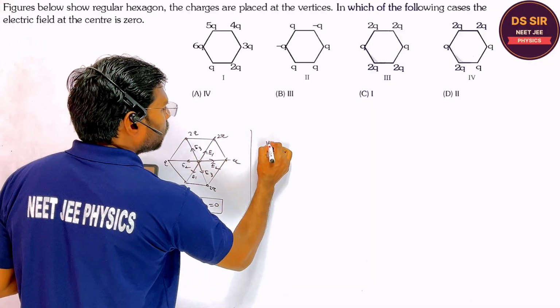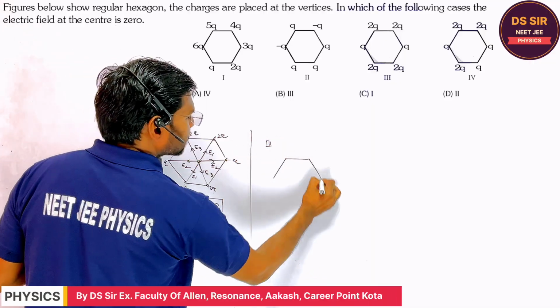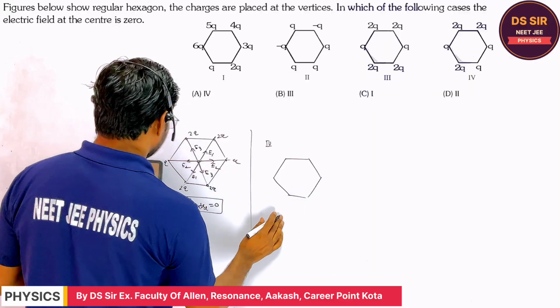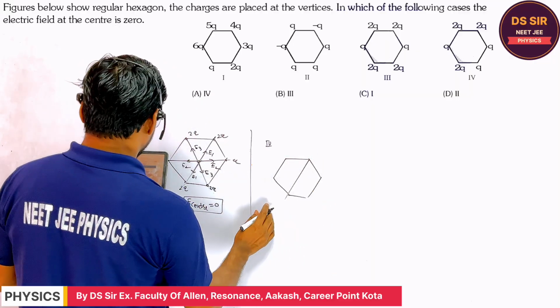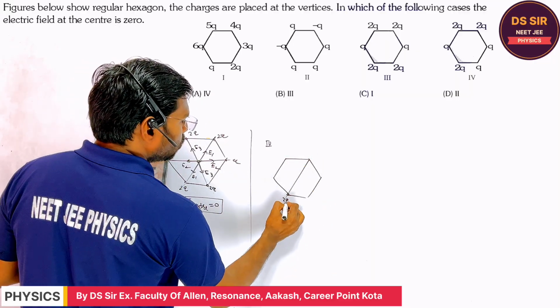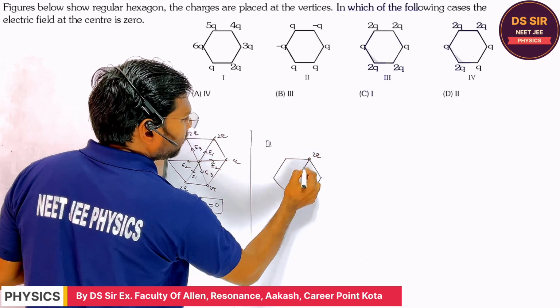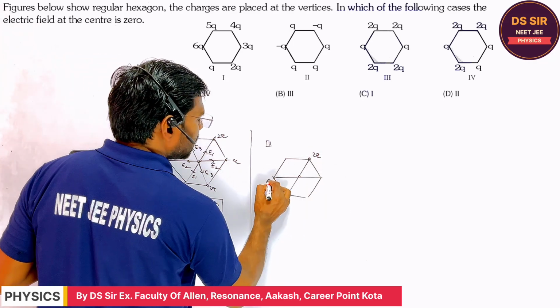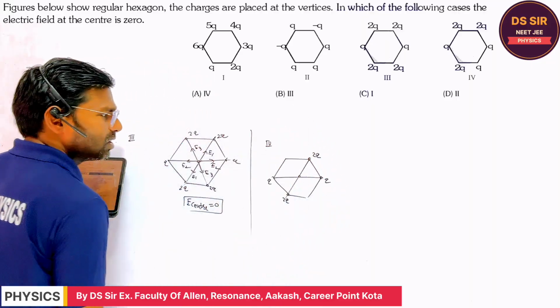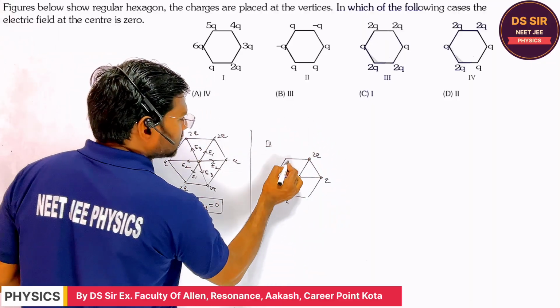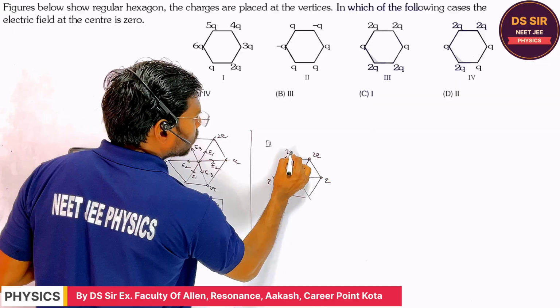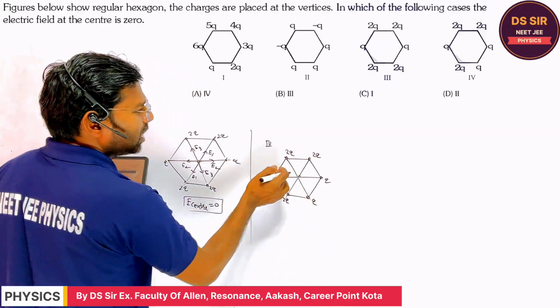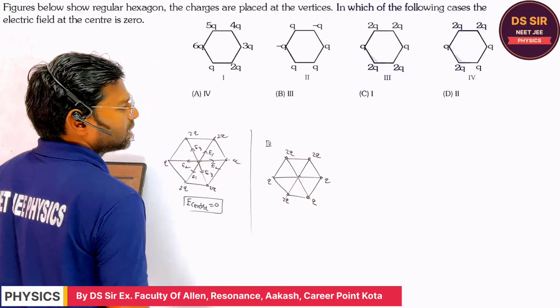But if you consider the fourth case, this is the hexagon over here like this, right? This is 2Q and 2Q. So their effect is cancelling each other. If you consider this is the charge Q and Q, they are cancelling each other. But if you consider this is the 2Q and this is the Q, they are not cancelling each other, right?